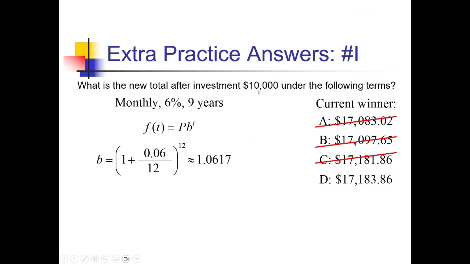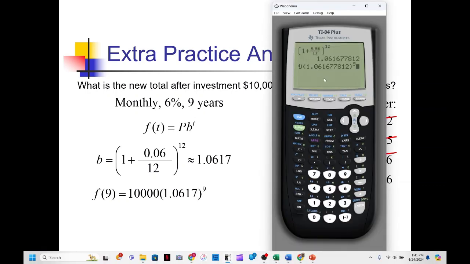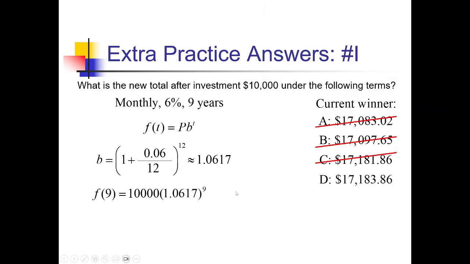So I have 10,000 times that B value raised to the 9th power. Plugging all that in and pressing enter, I get 17,136.995. Well, actually, I have to round that up. So that's going to round up to $37 even, which is still not going to beat Plan D. D is still our reigning champion for several rounds now.